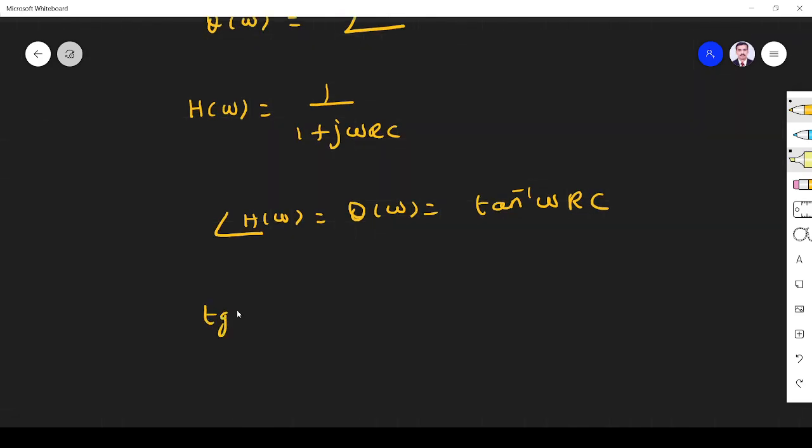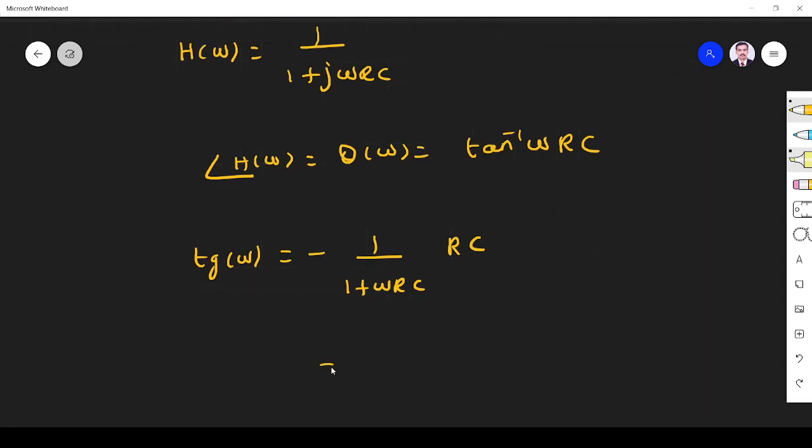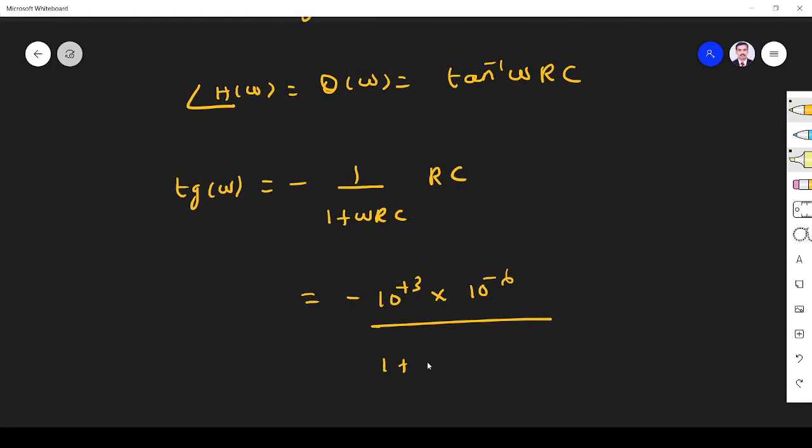So Tg of omega is the differentiation of this, d theta of omega by d omega. It is RC divided by 1 plus (omega RC) squared, using the derivative of tan inverse of x equal to 1 by 1 plus x squared. R is 1 kilo ohm, so 10 power 3, and C is 1 microfarad, 10 power minus 6.